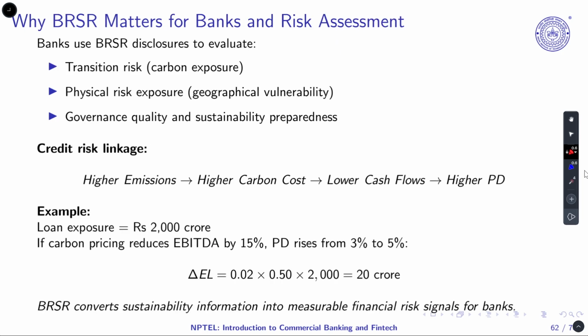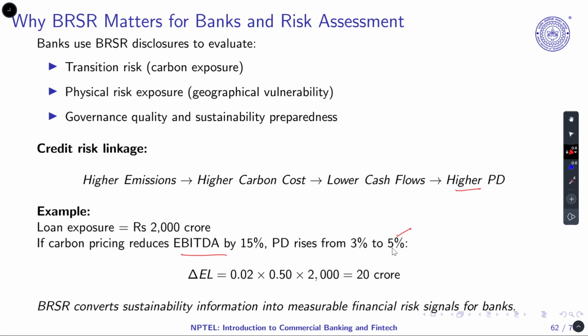And why is BRSR important? Again, the transition and the fiscal risk matters. The credit linkage is that higher emissions lead to higher carbon cost, lower cash flows, and it also leads to higher PD that we often talk about, right? Suppose the loan exposure is 2000 crore, the carbon pricing reduces the EBITDA by 15%, and PD rises by 3 to 5%.